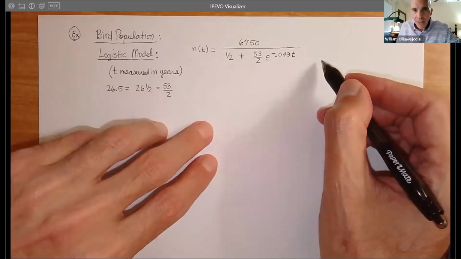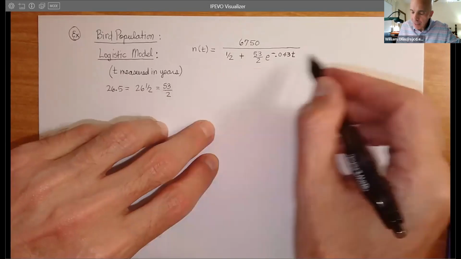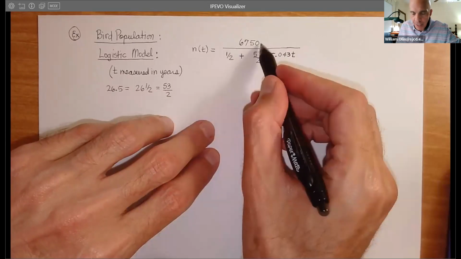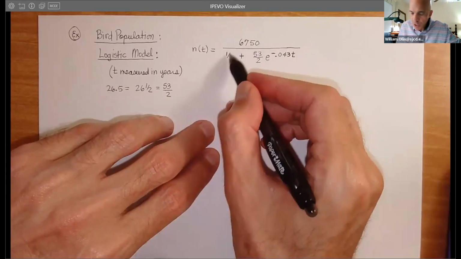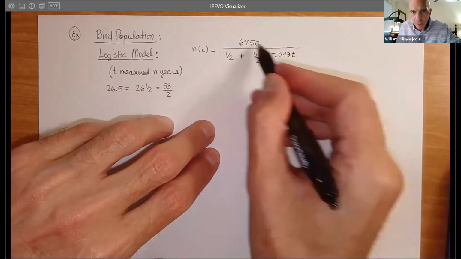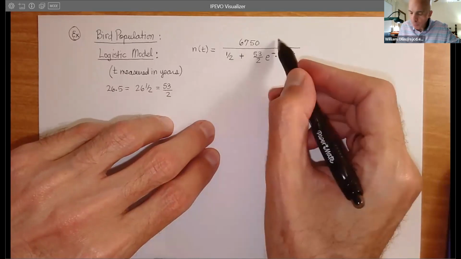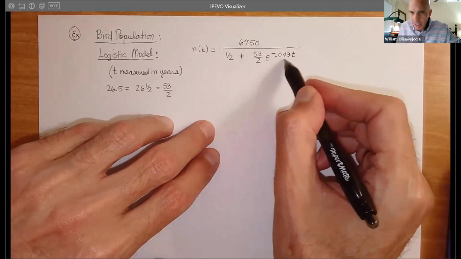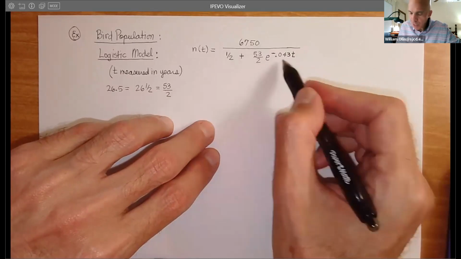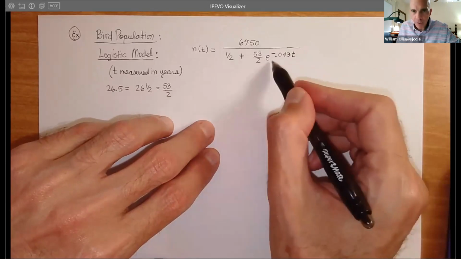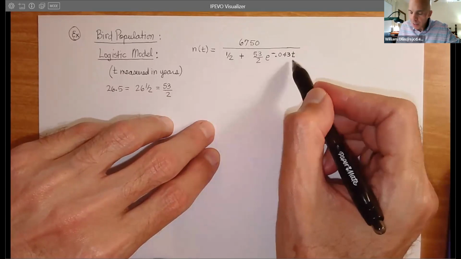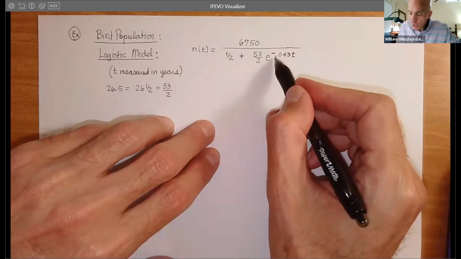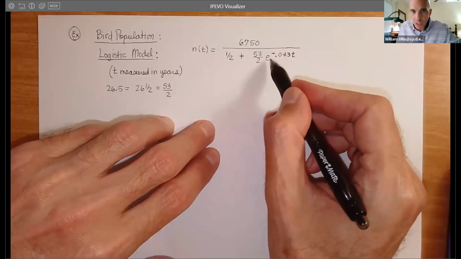So what I want to make a comment about is, notice this number here is fixed, this is fixed, and so you're thinking there must be some kind of asymptote going on here, because this particular exponential is a decreasing function in the sense that as t gets larger, this exponential gets smaller and smaller.